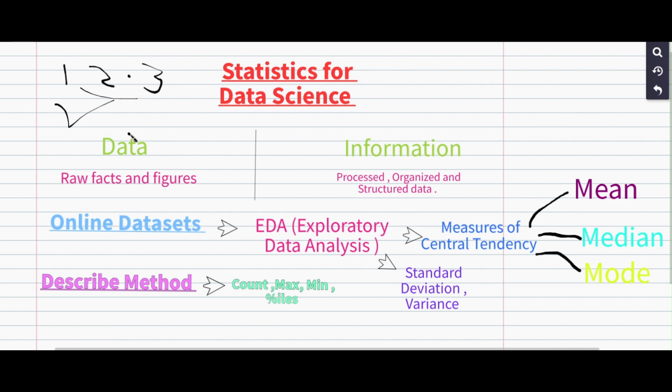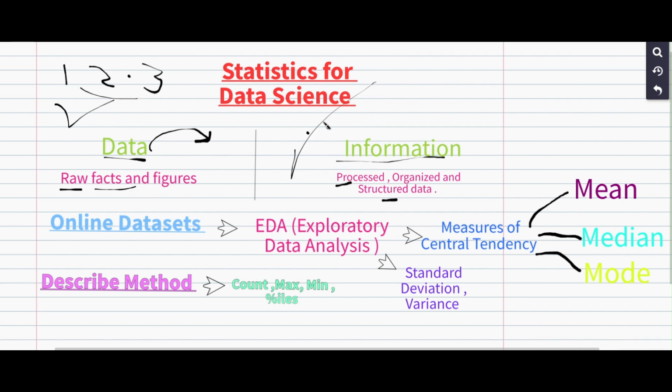Data is raw, not processed, organized or structured. But when this data is organized, processed and structured in a particular form, then that is known as information. When you put data condensed in rows and columns, interpret it and make it presentable, that is known as information.